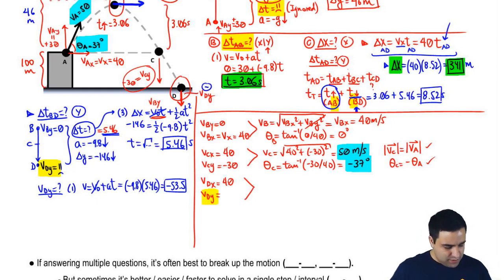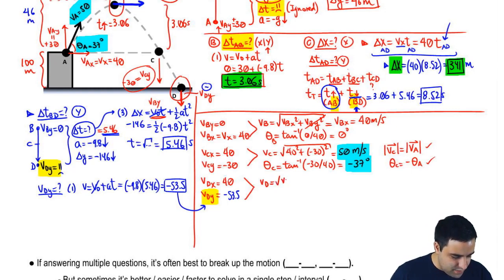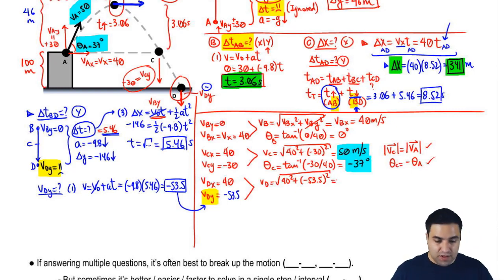Okay, so now I know that this is negative 53.5 right here, and I can just do VD using Pythagorean, and if you plug this in, you get 66.8.